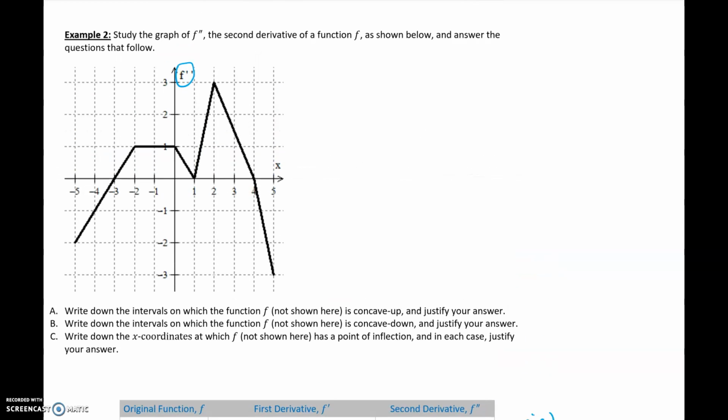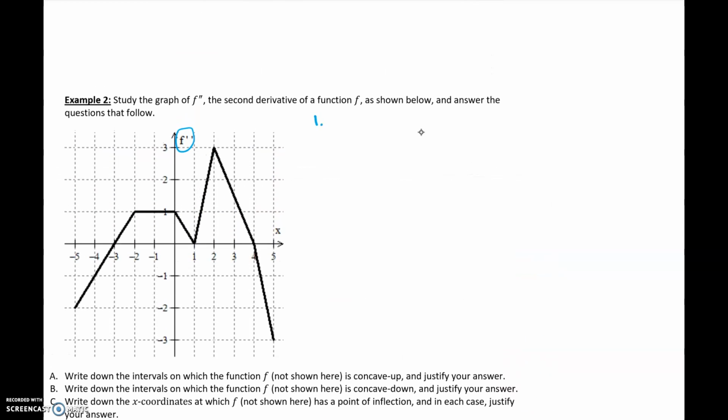So number 1, f is concave up when f double prime is positive, and that means above the x-axis.